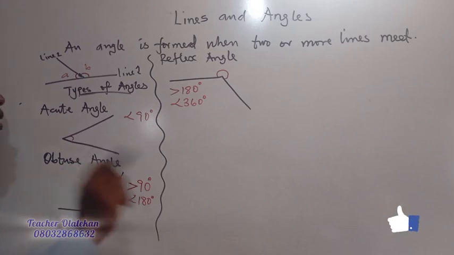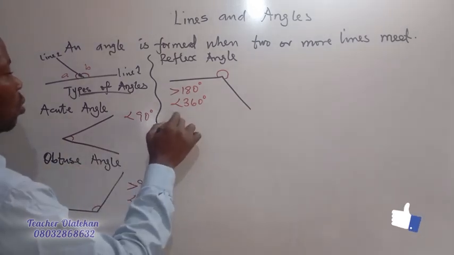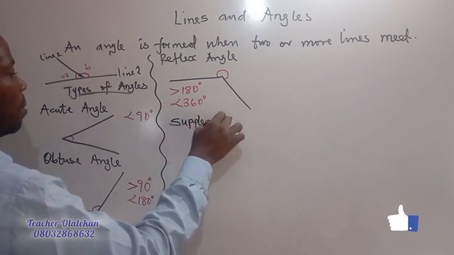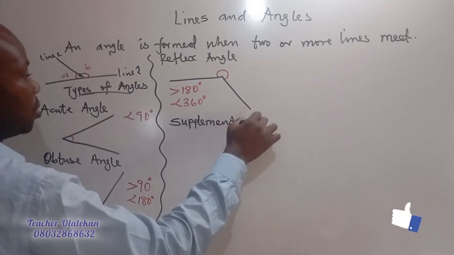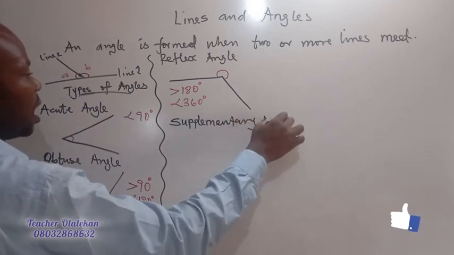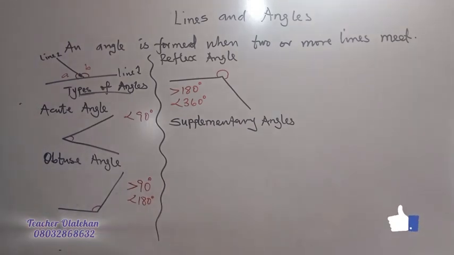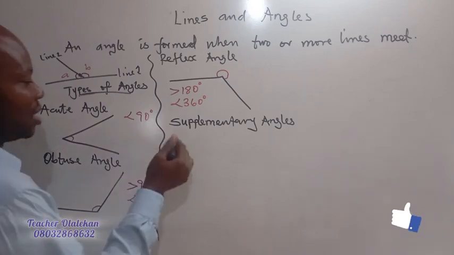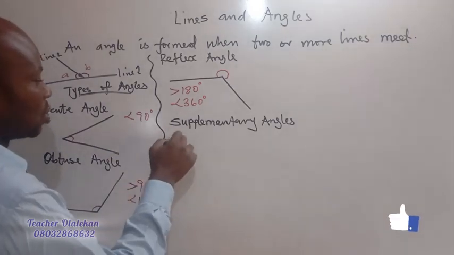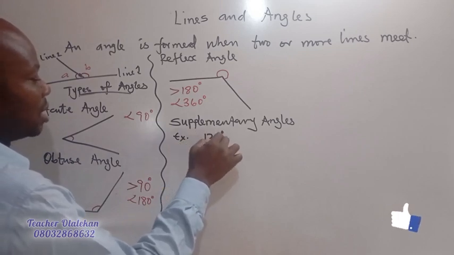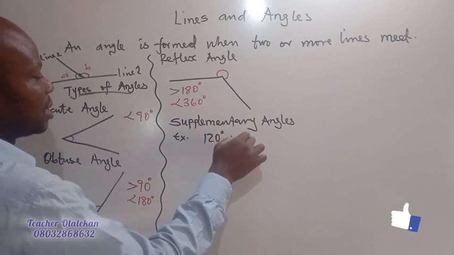So now part of the things you also need to know is what we call supplementary angles. Supplementary angles are two angles that add up to 180 degrees. For example, we may have 120 degrees and 60 degrees.